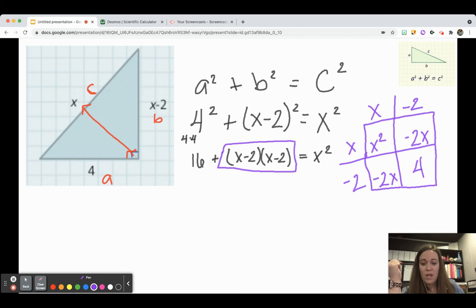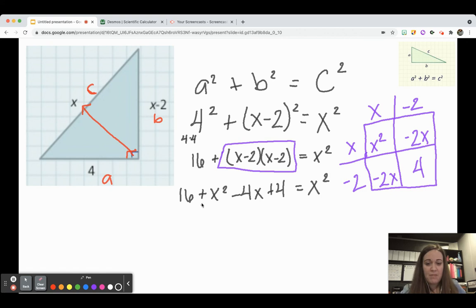So what do we have now? We have 16. We have x squared, pulling it from my box, negative 2x. Negative 2x gives me a negative 4x, plus 4, and that is equal to x squared. Combining like terms, bear with me: 16 plus 4 gives us 20.